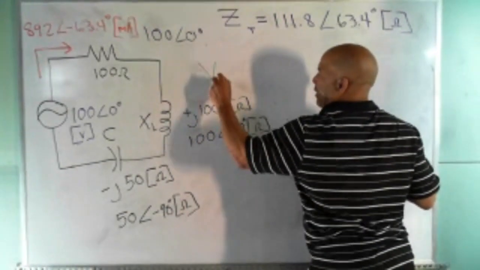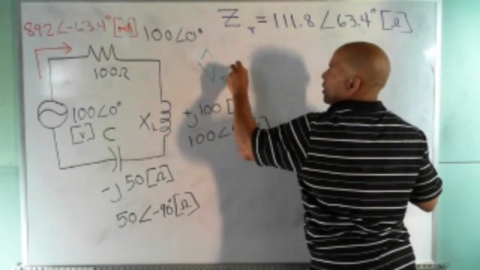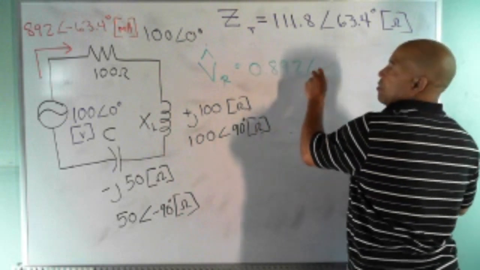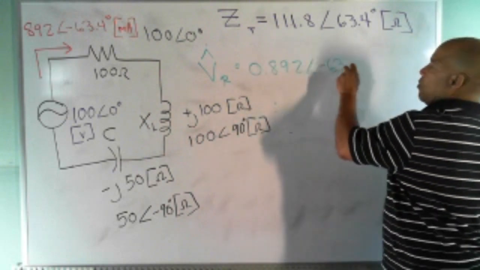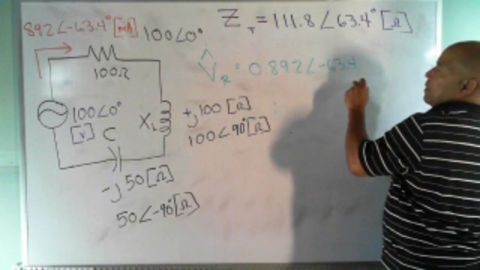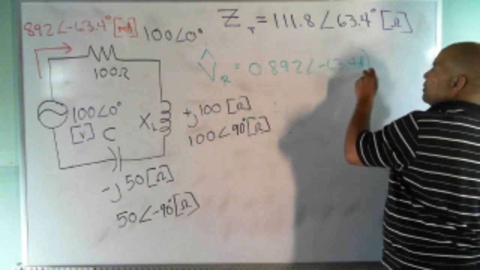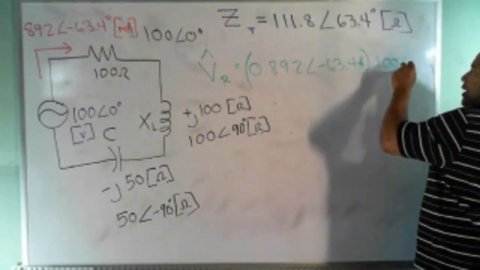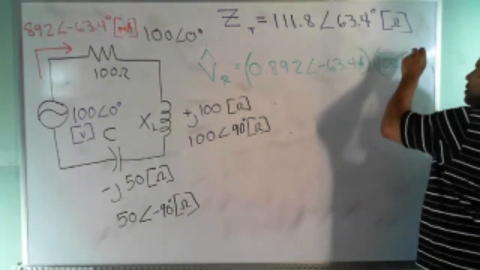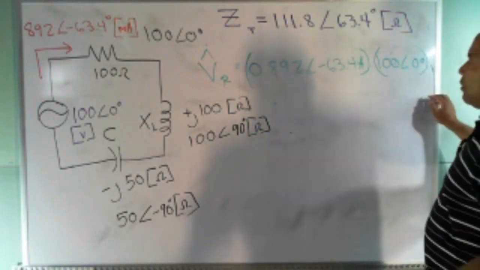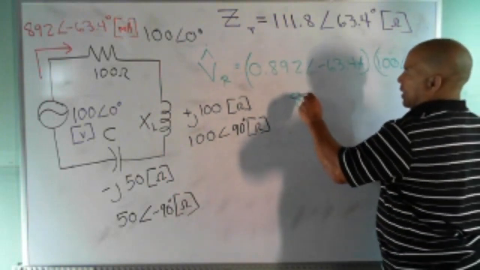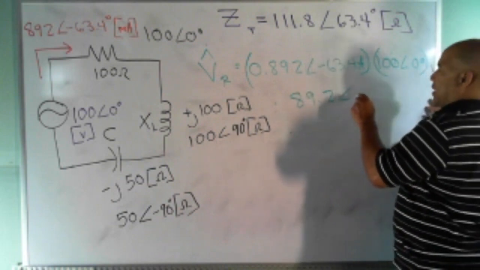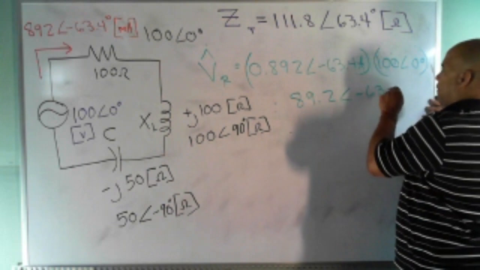So VR hat is a current which is 0.892 angle minus 63.4, and that is now in amps, times 100 and an angle of 0 degrees. So it's I times R. And that'll give me 89.2 at an angle of minus 63.4. Now we're in volts.